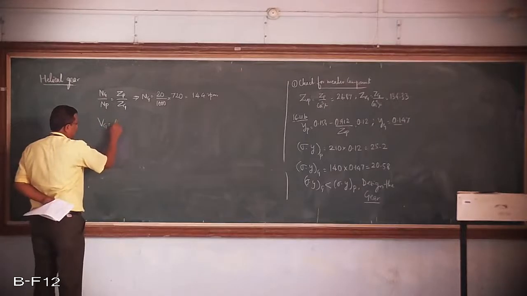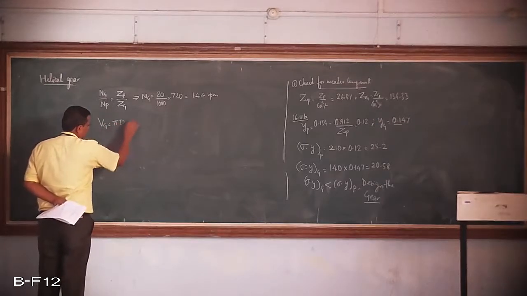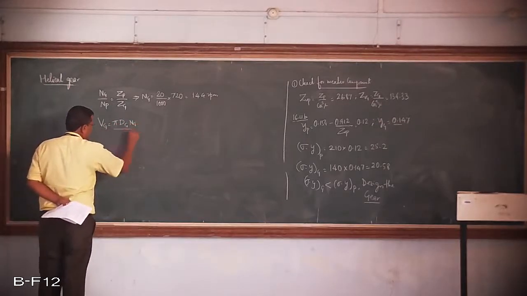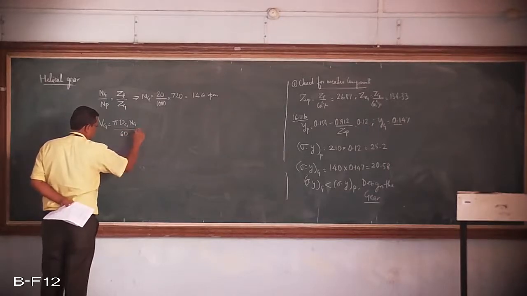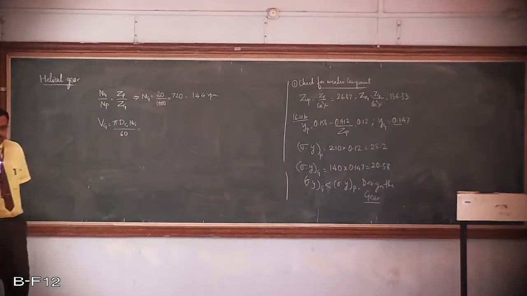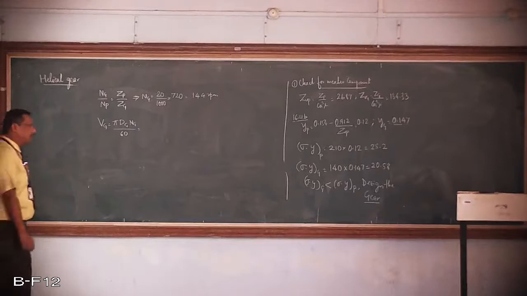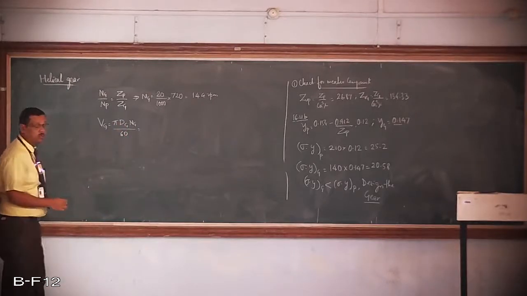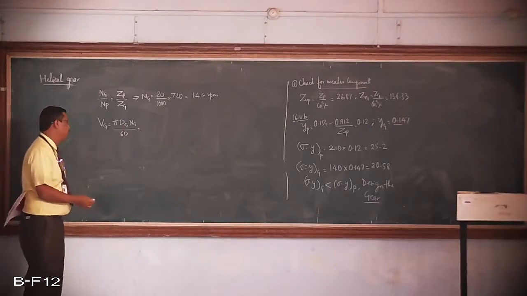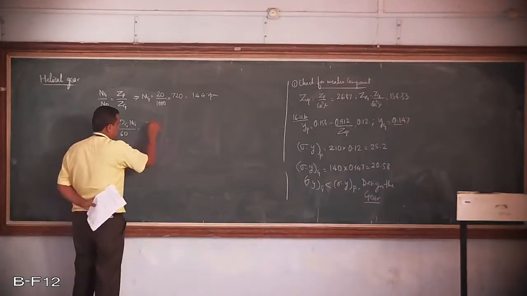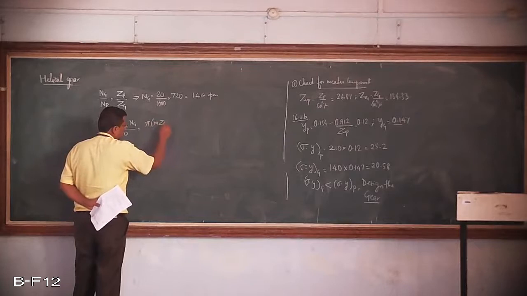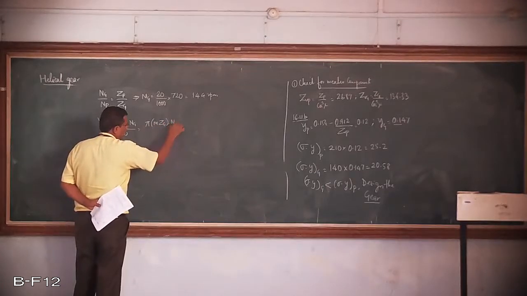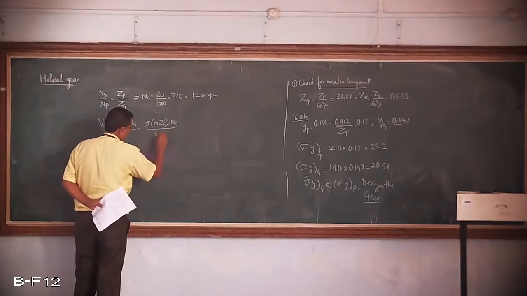Velocity of the gear is given as pi times diameter of the gear, times RPM of the gear, divided by 60. Now, the diameter is not given, only the number of teeth is known, and neither do we know the module. Therefore, this can be simplified as module into number of teeth of the gear into RPM of the gear divided by 60.